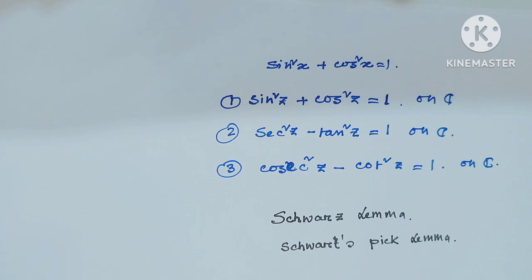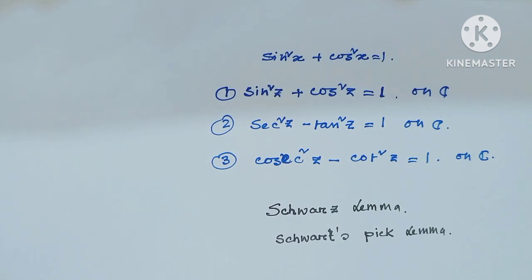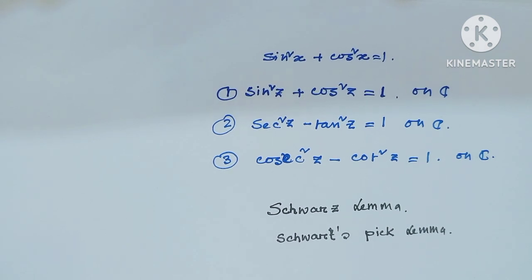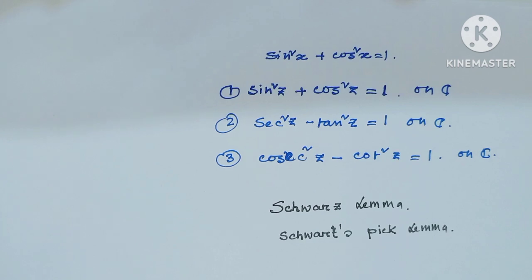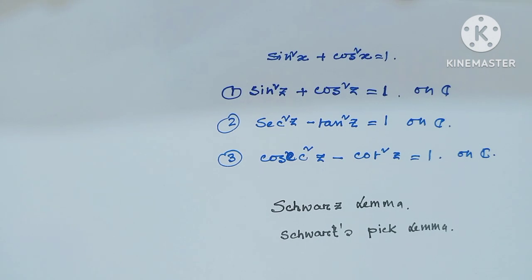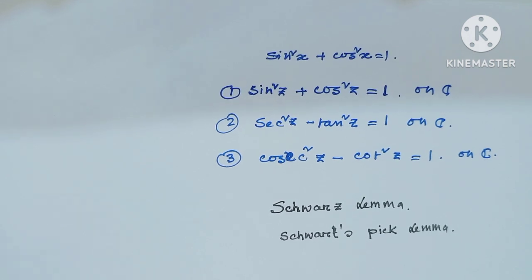Today's goal of this lecture: at first, we all know sin square x plus cos square x equal to 1. But today I will say not only sin square x plus cos square x equal to 1, but also sin square z plus cos square z equal to 1 on the whole complex plane.